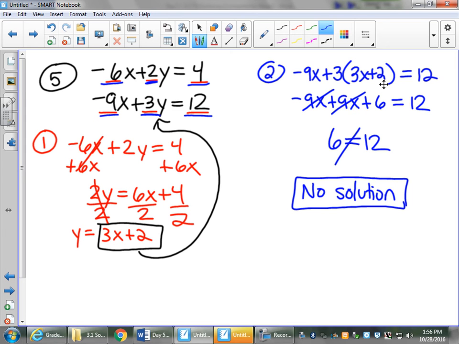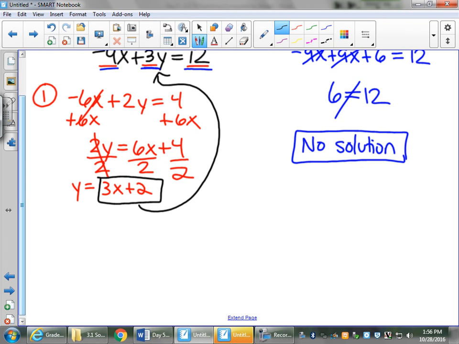We don't have time to do any others today, but just for reference, let's call this number 6. Say at the end, you were solving, and the variables canceled out again, and you were left with 6 equals 6. That's a true statement.